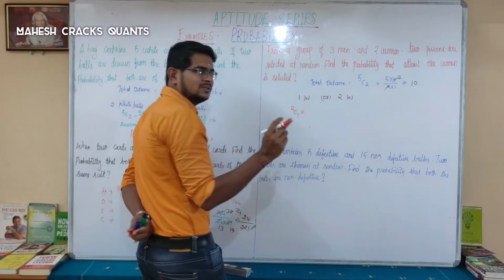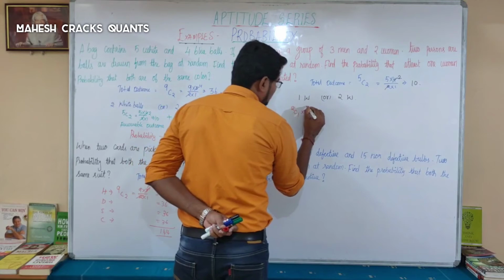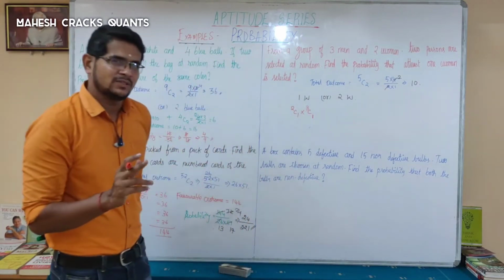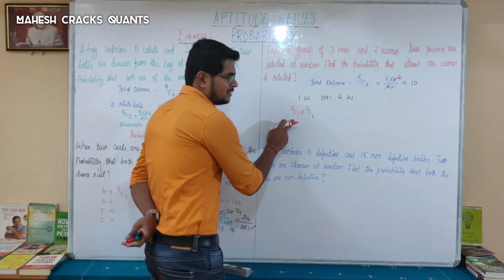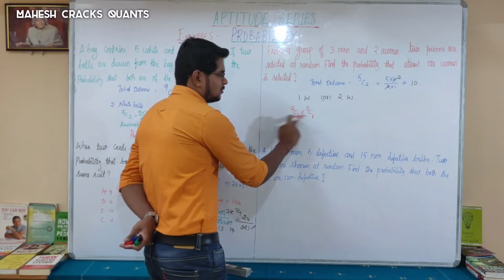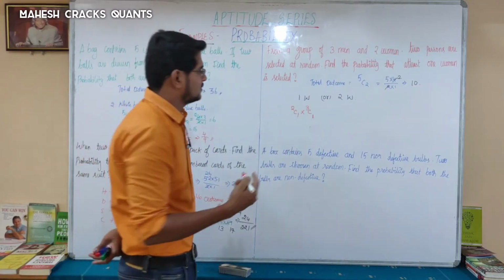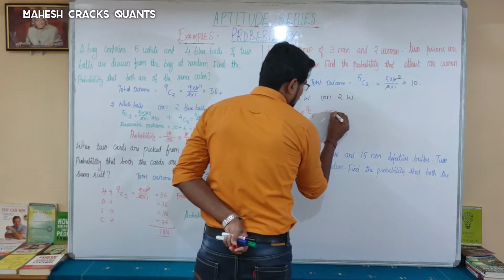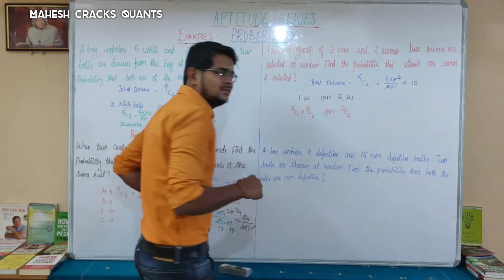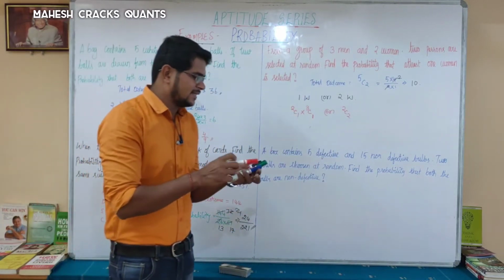The remaining one person should be taken from men, so 3C1. Totally 2 members we are taking. I am taking one woman from the women and then one man from the men, to make 2 members. Or 2 women, I am taking 2 women means 2C2. Am I right? Done. Cancel this, you will get the answer.